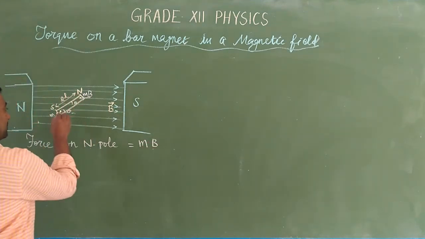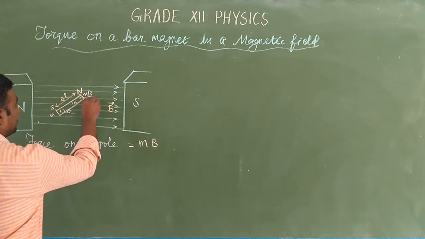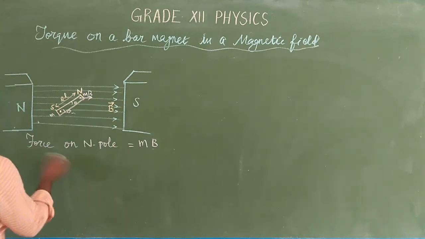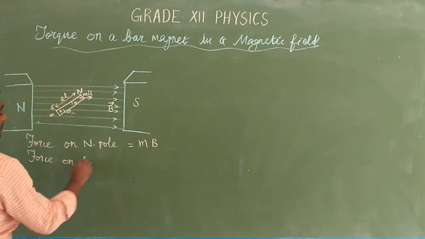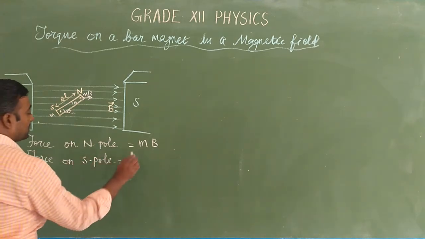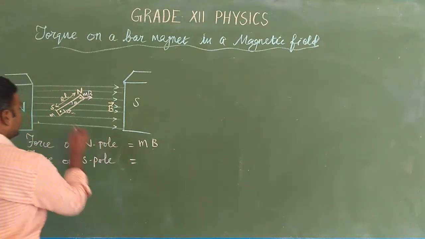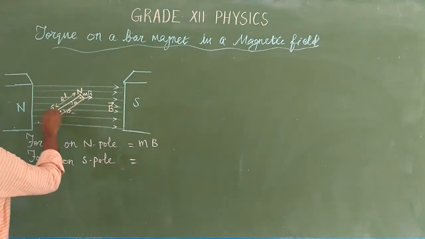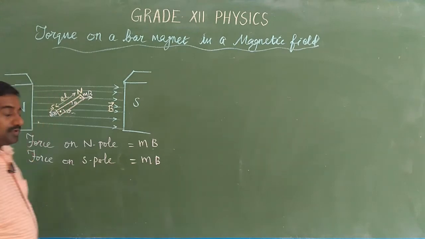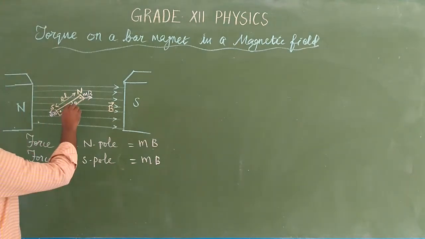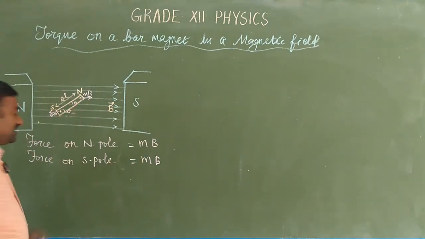At the same time, the south pole also experiences an equal and opposite force. So the force on the south pole of the bar magnet in an external magnetic field is mB, but the direction is opposite. Now theta is the angle of the magnet to the magnetic field.